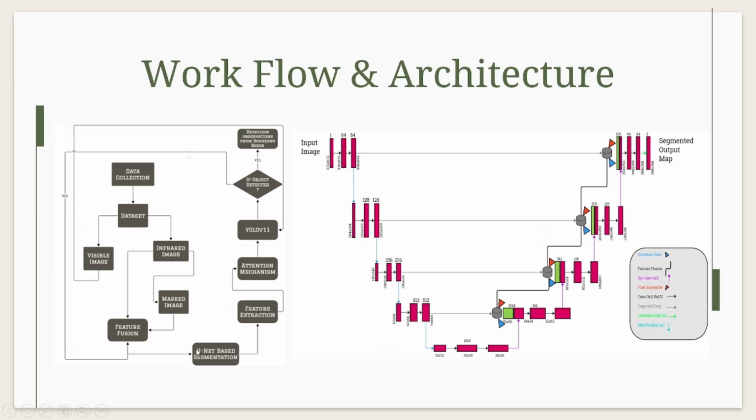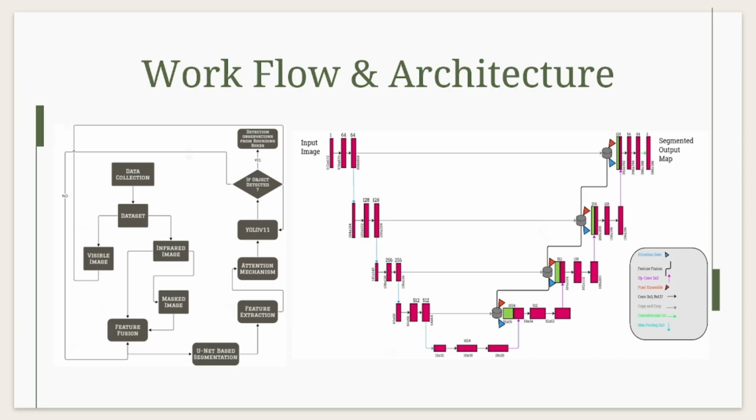Here, as you can see, the dataset is split into two parts, which are visible image and infrared image. As mentioned, a multispectral image consists of an RGB image, which is red, green, blue, which is a visible image, also called an image which is visible to our naked eye.